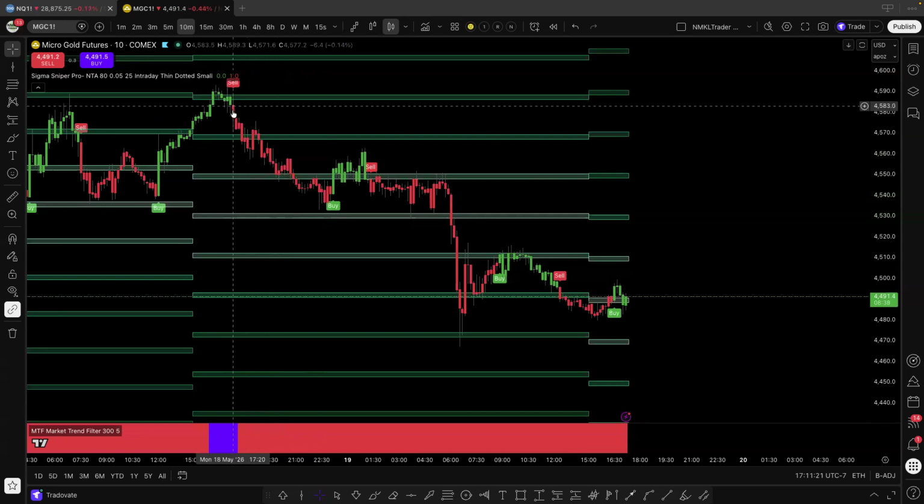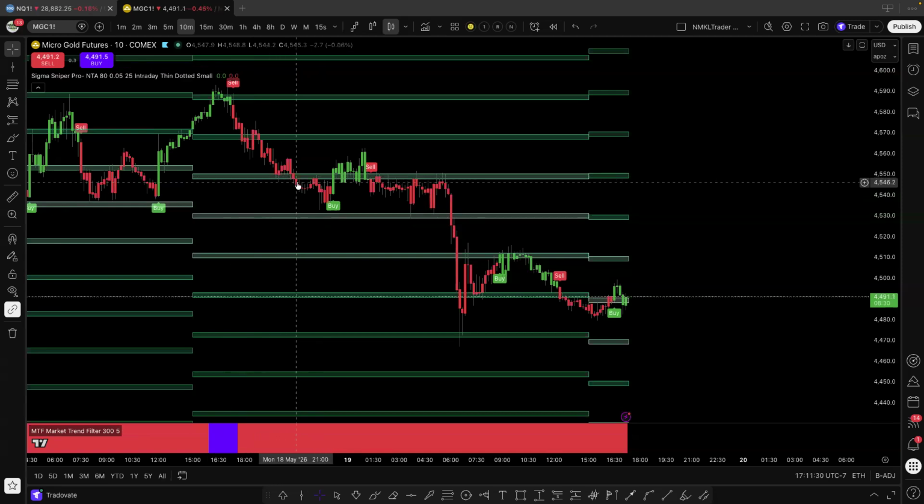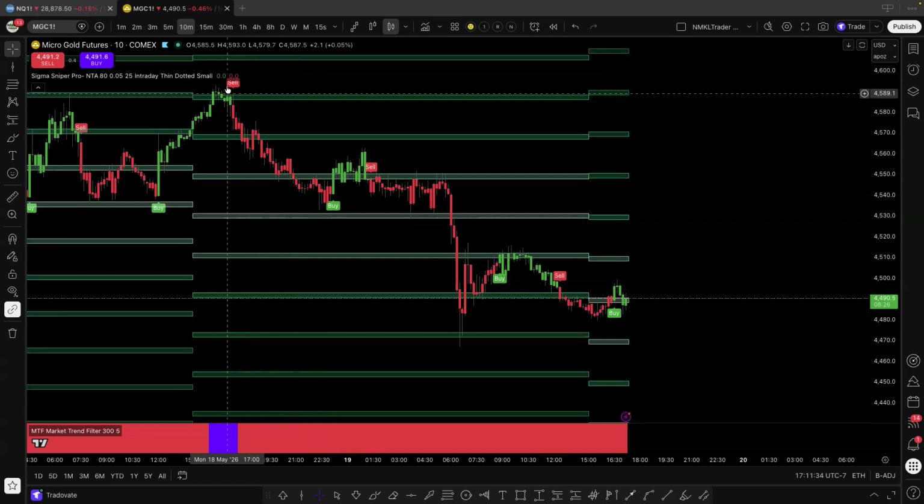I will set my stop loss not at the next level, but the one below it. And this is where I would have set, I'm sorry, not my stop loss, my take profit. I would have simply put my stop loss up here. I'll show you that with a short trade tool.